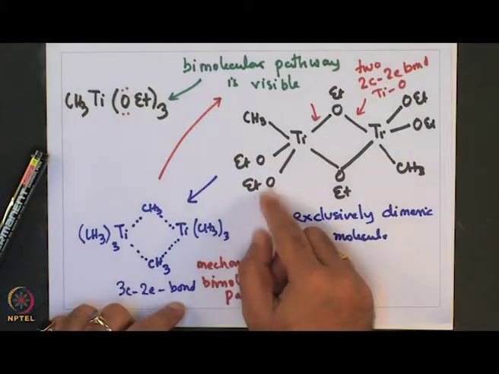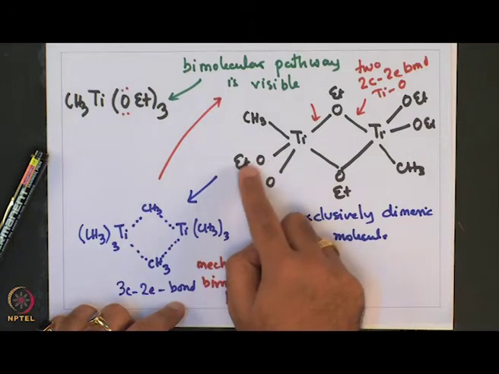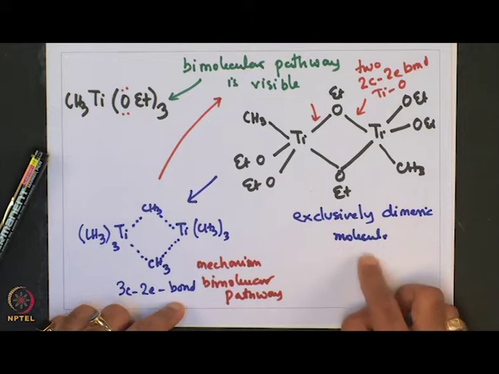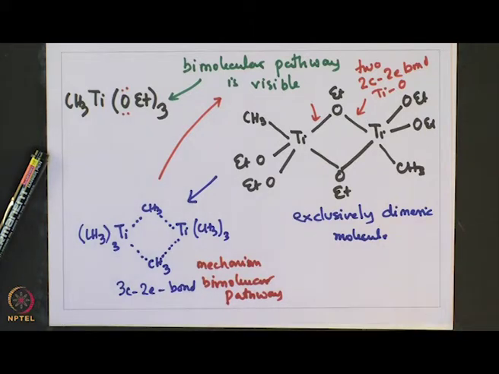Now, if one increases the steric bulk of this ethoxide on titanium to something bulkier, for example isopropoxide, even this dimer becomes a monomer.